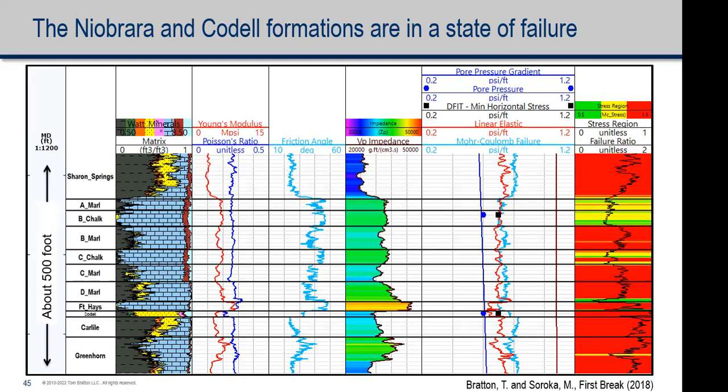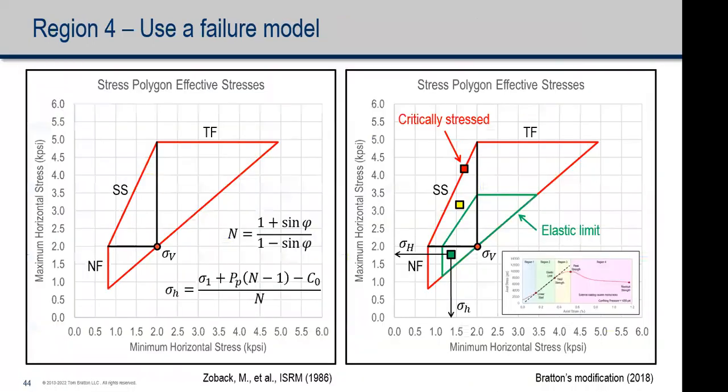The problem with the stress polygon of Anderson, and actually Anderson did it in 1905, a bit before Mark, is that if you don't distinguish between lithologies, then you just always get the Mohr-Coulomb friction angle, and so you don't get the resolution on the stress contrast that we see when we do stress measurements. So that's the issue I'm working on at the moment.